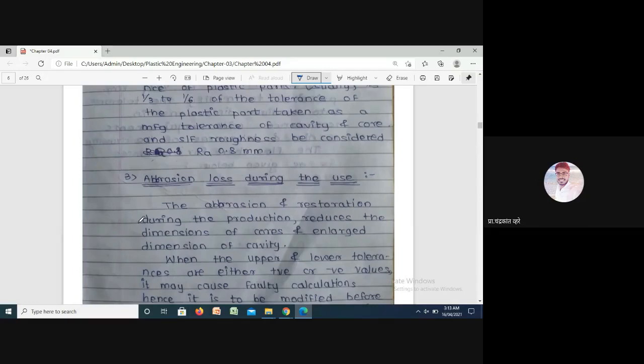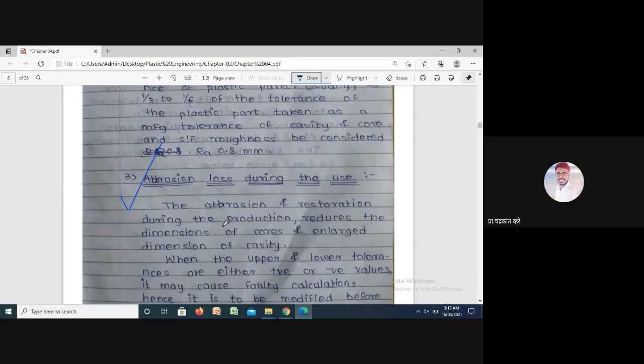This is a problem which happens with patterns and molds. This problem is totally related to abrasion loss during the use, and to patterns and molds.